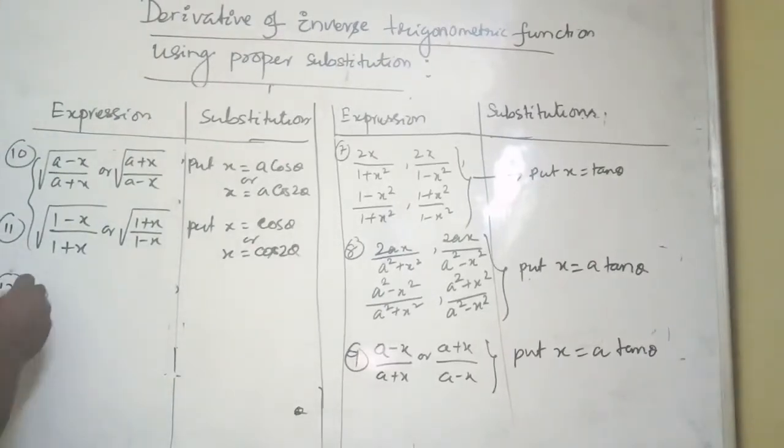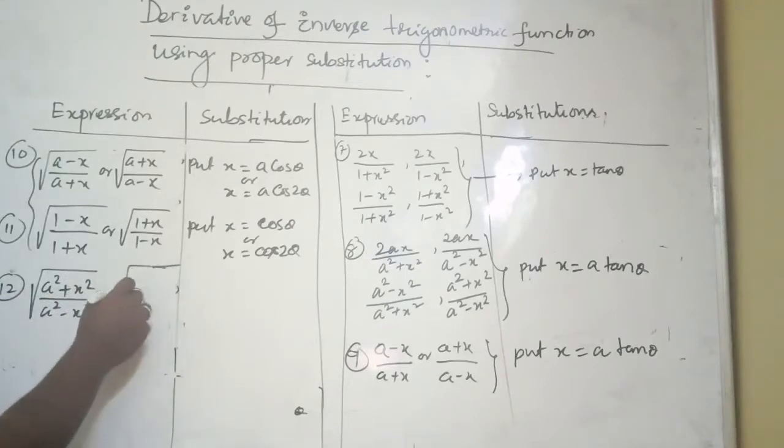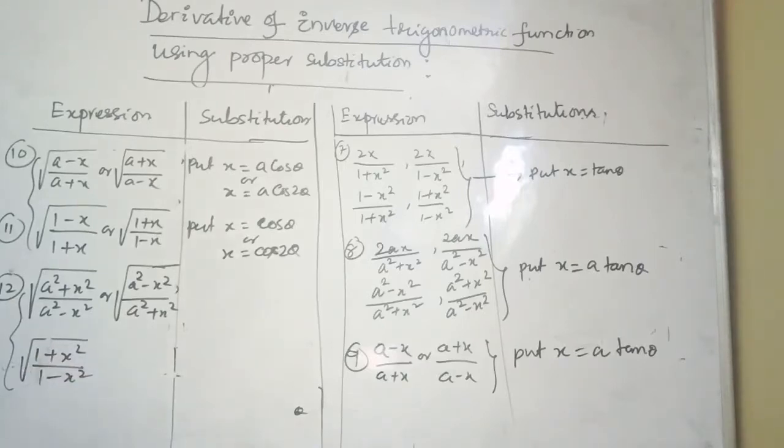Okay, this is root over a square plus x square by a square minus x square, or root over a square minus x square by a square plus x square, or equivalently 13, root over 1 plus x square by 1 minus x square, or root over 1 minus x square by 1 plus x square.